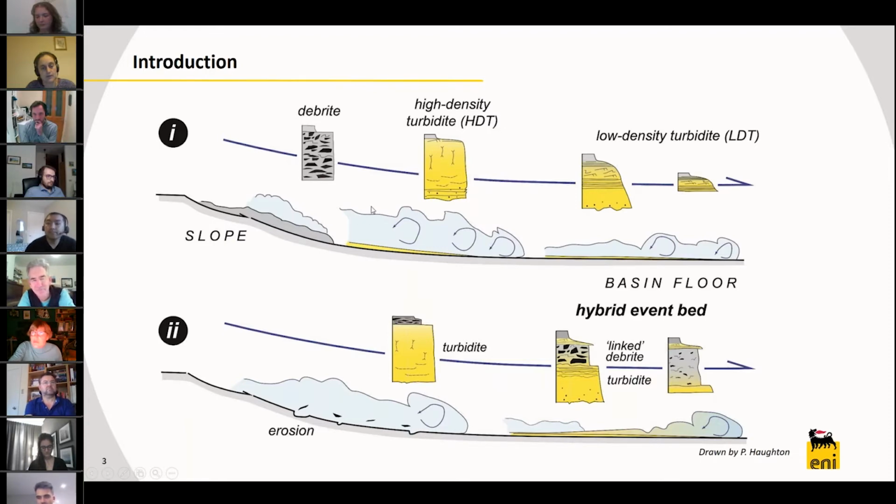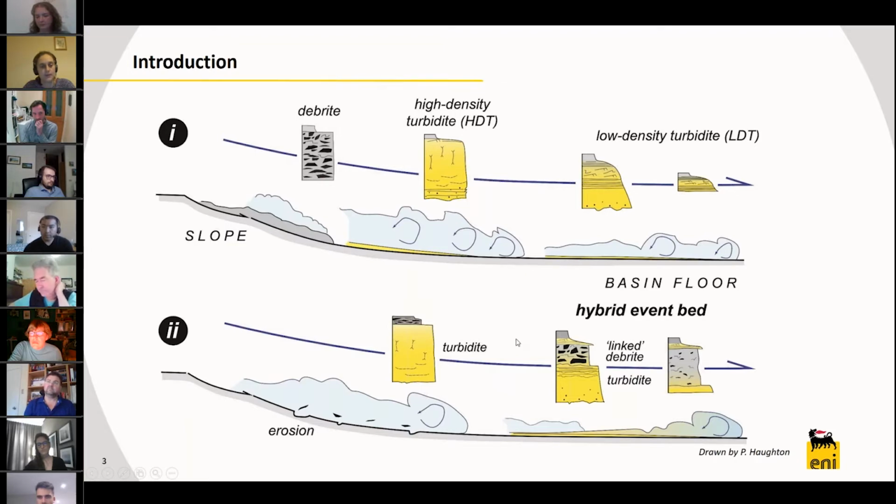Then the sandy part of the flow is able to bypass and deposit the high density and low density part of the flow itself, the good reservoir part of the lobe. With this process, the mud is efficiently segregated into the mud cap. So we have a very good separation between the sand at the base of the bed and the mud usually accumulated on top by the turbulent cloud.